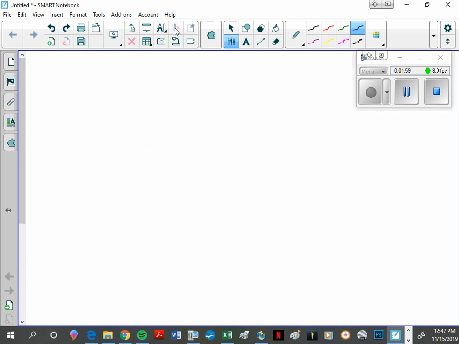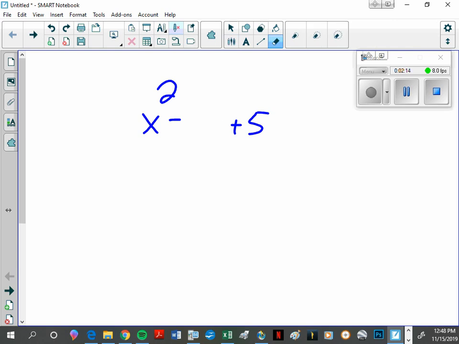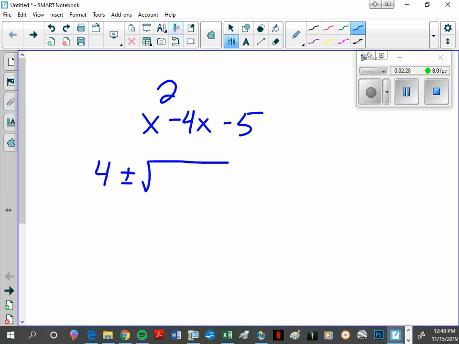And we also need to know how to solve these using the quadratic formula. Let's do 4x, and I want a negative 5. So 4 plus or minus the square root, and don't ever put the negative 4 in the squared.